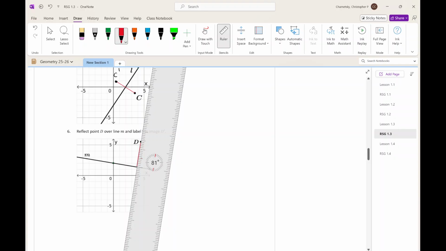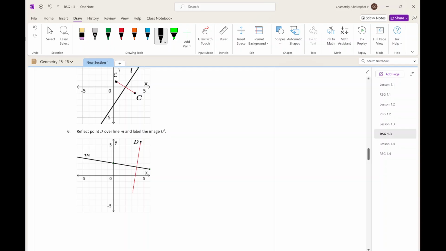So this is like 2 plus 3, 2 right there to that mark. And that's where D prime is going to end up.